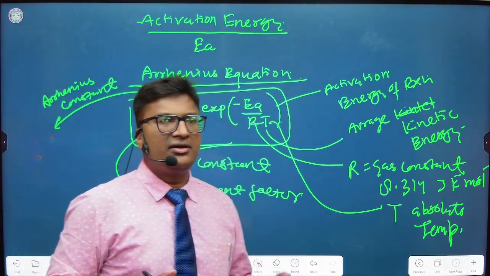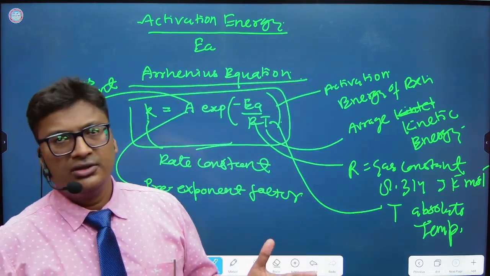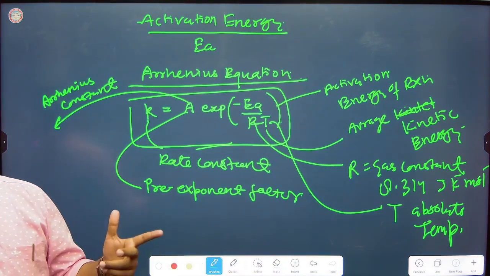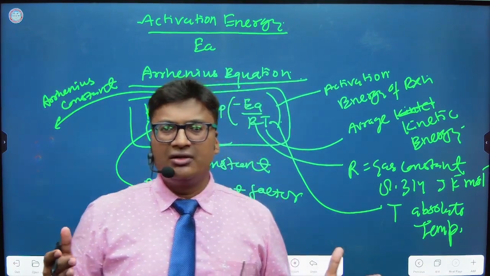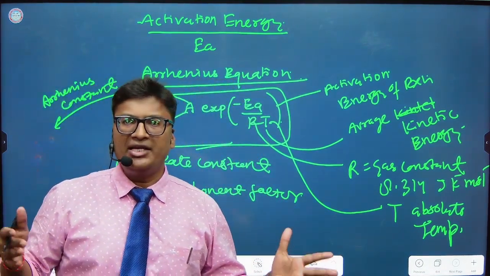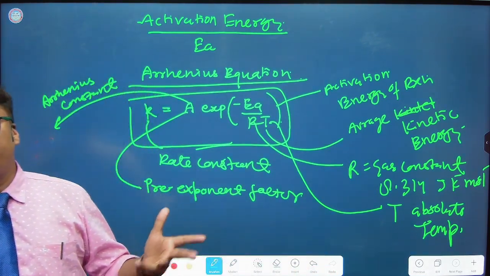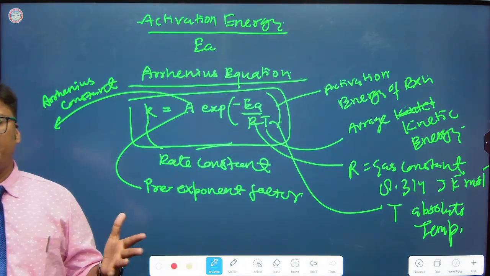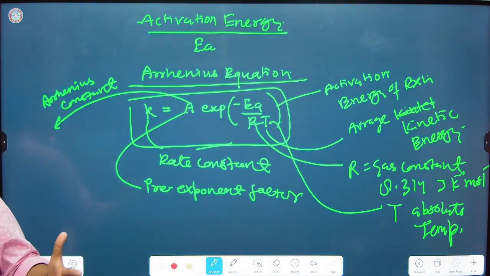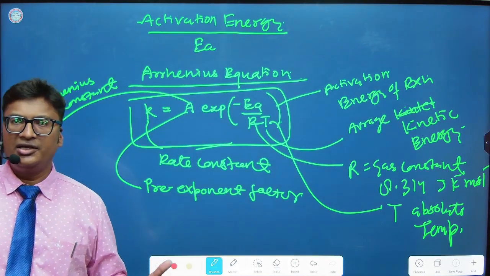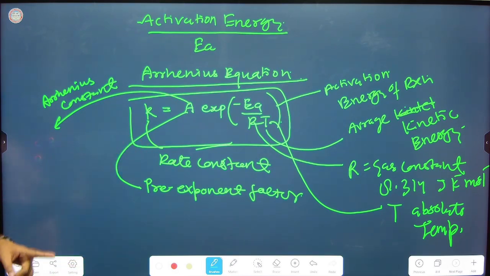As you know, if you increase the temperature of a reaction, then the rate of the reaction increases, because after the increase of temperature, the kinetic energy of the molecules increases, which means more molecules start to collide with each other and generate thermal energy within the reaction medium.